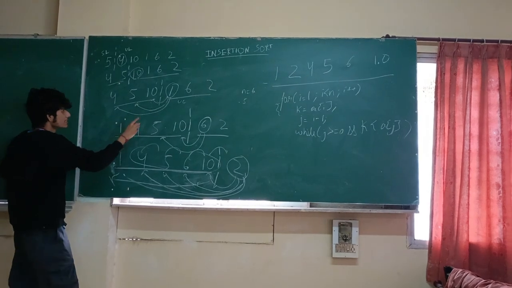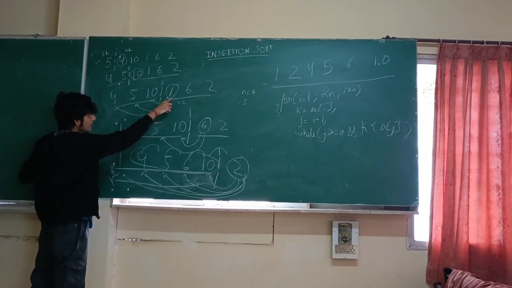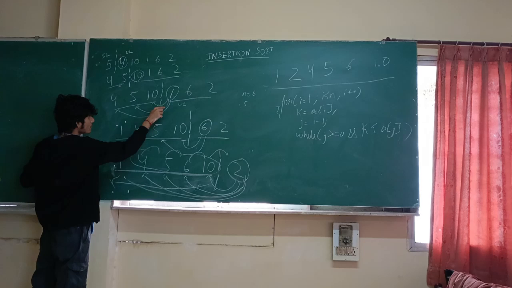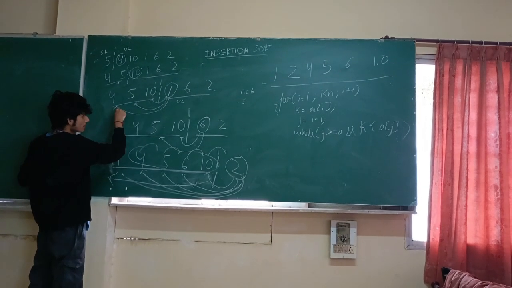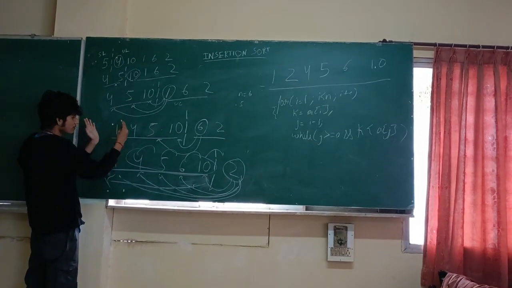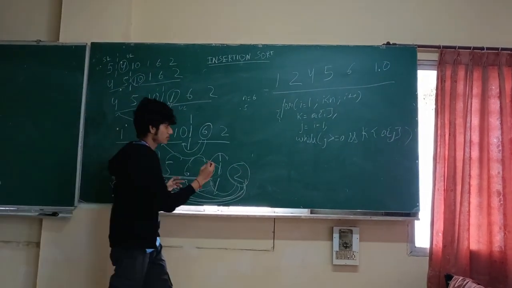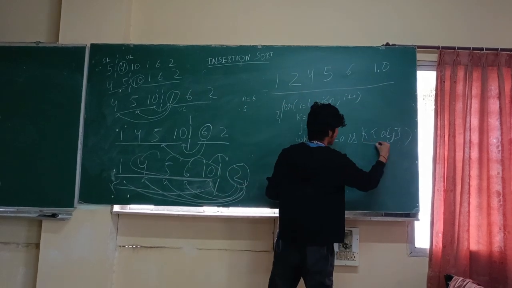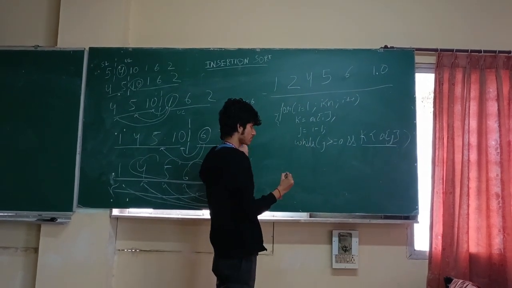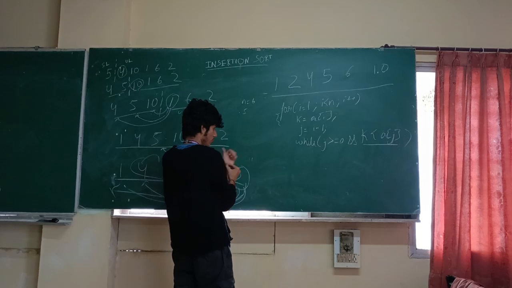For example, 1 is less than 10, yes, we will swap. 1 is less than 5, swap. 1 is less than 4, swap. We are moving each element by one position, while this condition is satisfied, while the key value is less than the previous indexes' values one by one, going left.